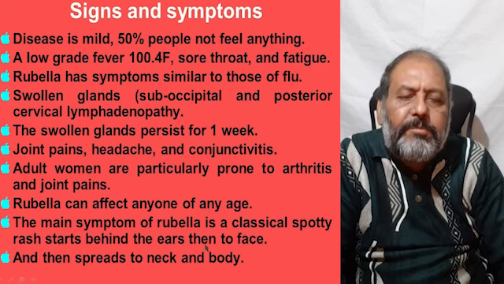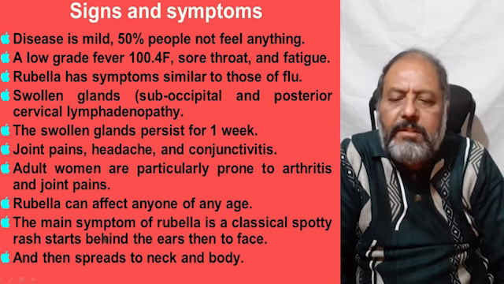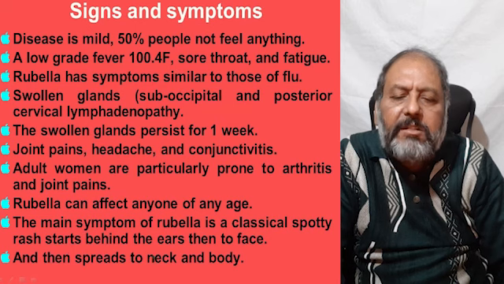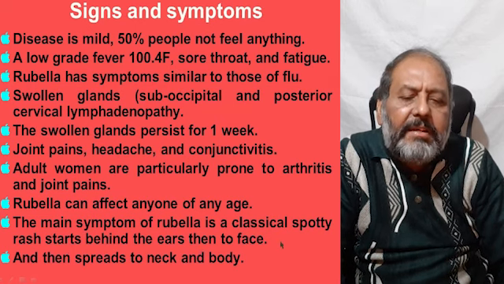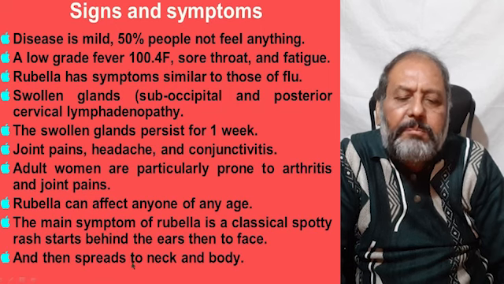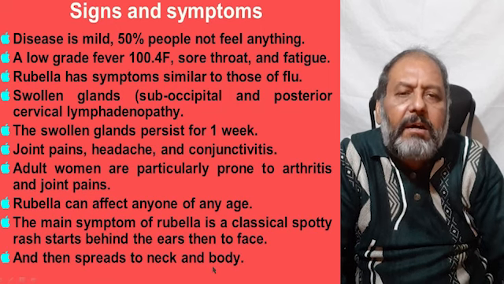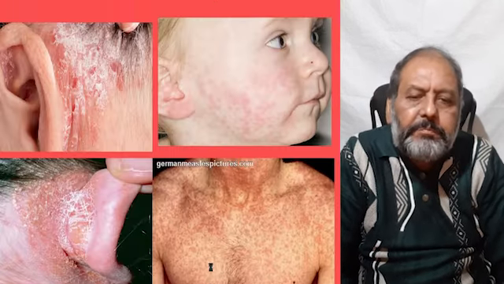The main symptom of rubella is a classical spotty rash that starts behind the ear, then comes to the face and ultimately spreads to the neck and the whole body.